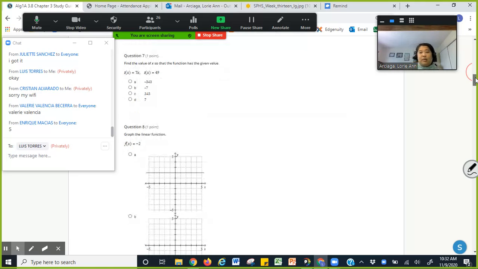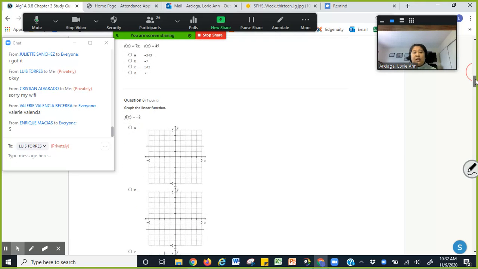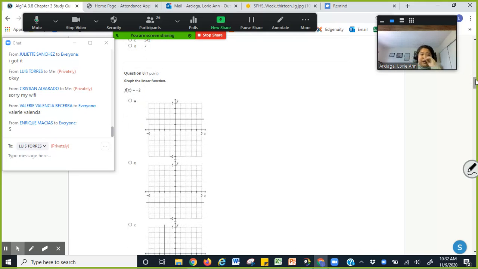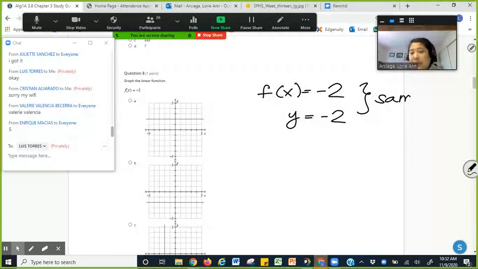Okay, number 8, graph the linear function. So when you see f of x is equal to -2, it's just a fancy way of writing y equals -2. So these are the same. Okay? So if it's y equals -2, what kind of line should we choose?